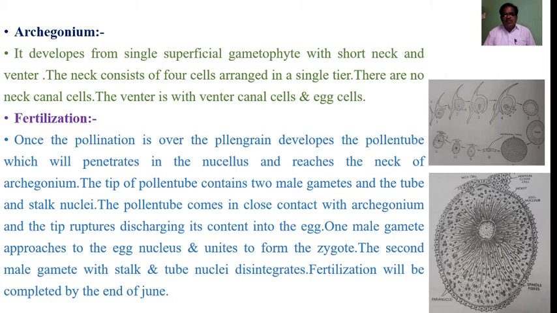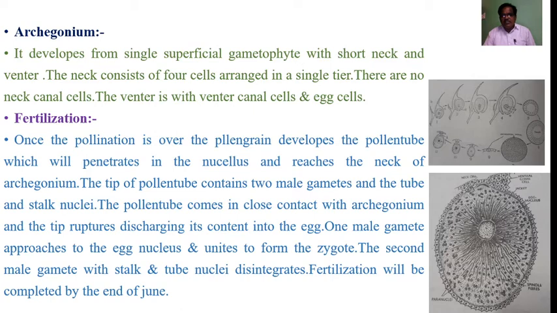Once the pollination is over, the pollen grain develops the pollen tube, which will penetrate the nucellus and reach the neck of the archegonium. The tip of the pollen tube contains two male gametes, and the tube and the stalk nuclei.